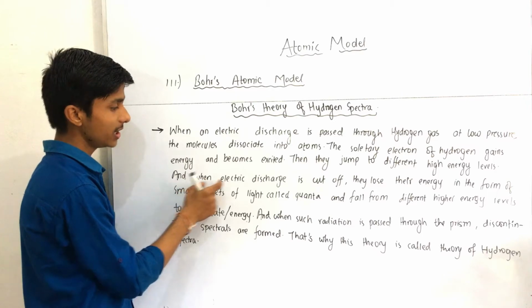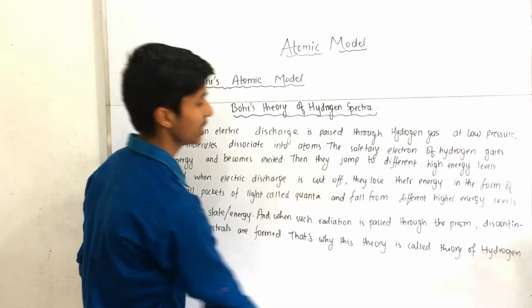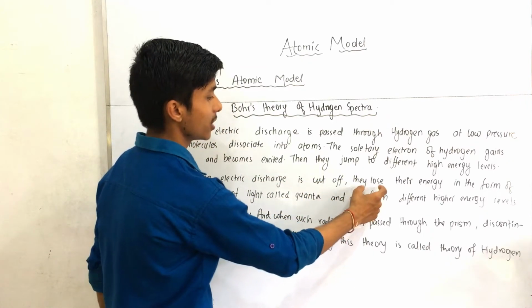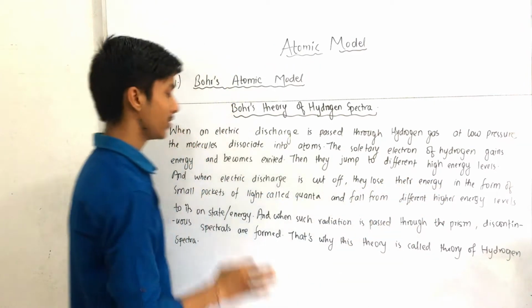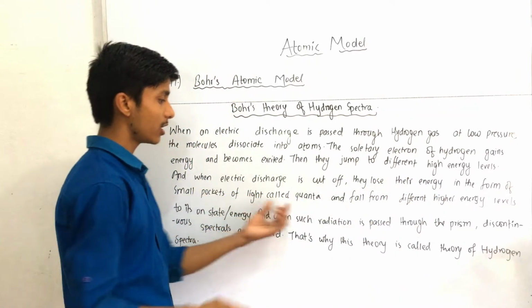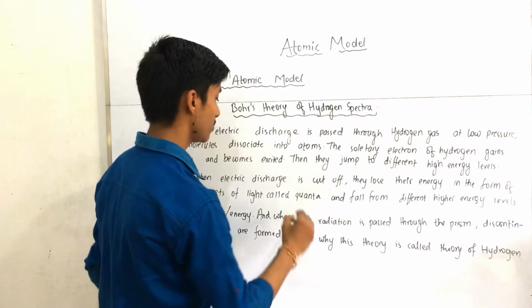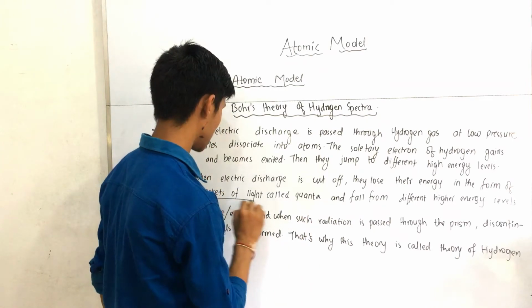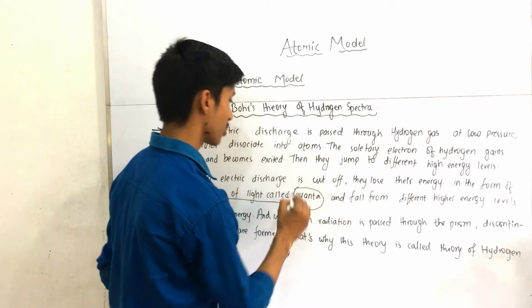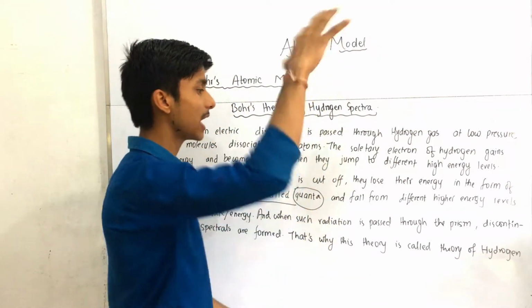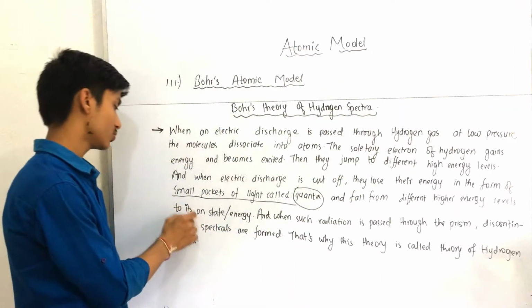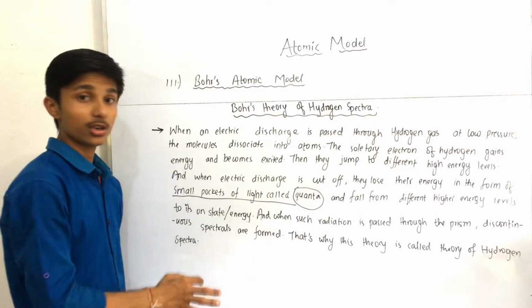And when the electric discharge is cut off, they lose their energy in the form of a small pocket of light called quanta, and fall from different higher energy levels to their own state or their own energy.